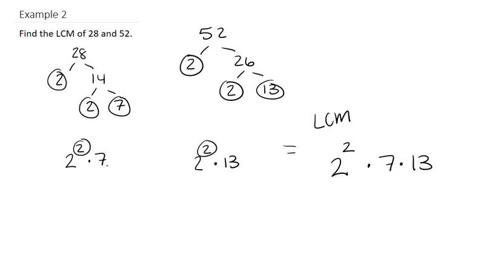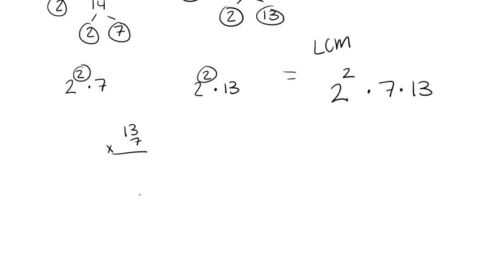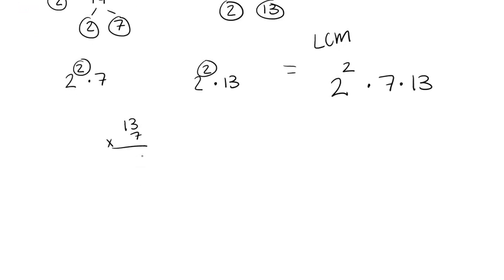So then our next step will be to multiply this all out as we have assigned the highest exponent. So we have 13 times 7. 3 times 7 is 21. Carry the 2. 7 times 1 is 7 plus 2 is 9.